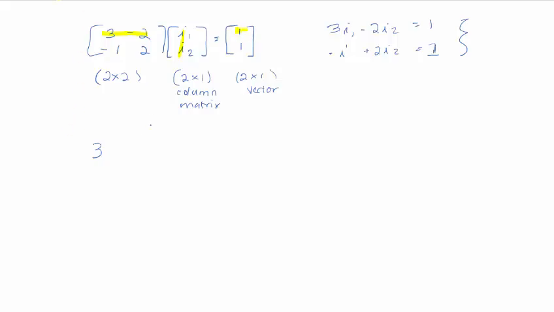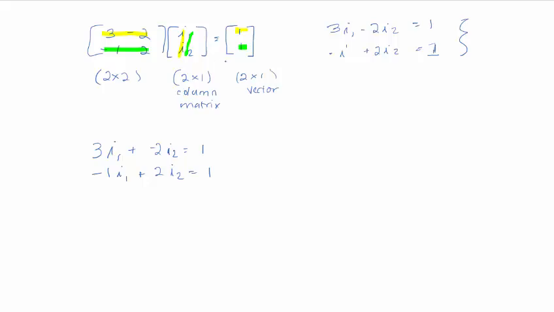So 3 times I1, plus minus 2 times I2 equals 1. That's one equation. The other equation you get from this row times this column equals that value, so that one would be minus 1 I1 plus 2 I2 equals 1.